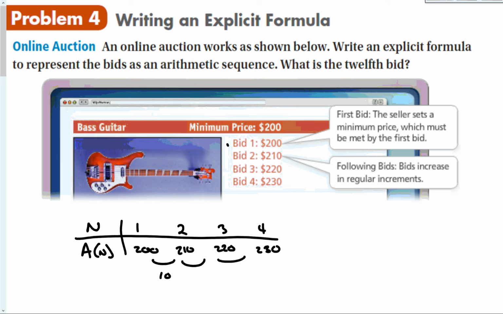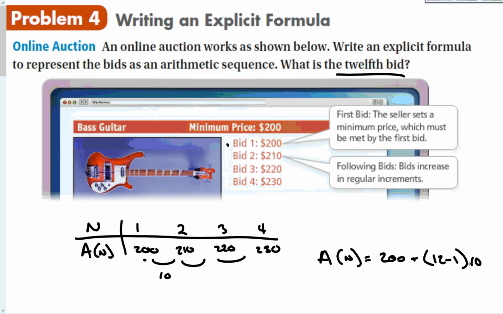So let's write my explicit formula. A of n is going to be equal to the starting number, 200, plus the term that I want. I want the 12th bid. So that would be 12 minus 1 times the common difference of 10.